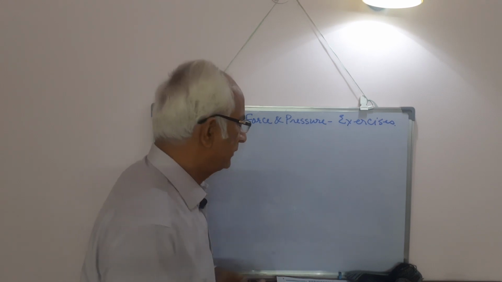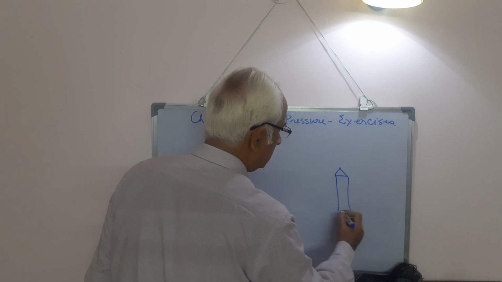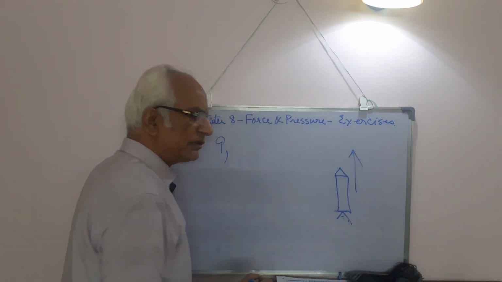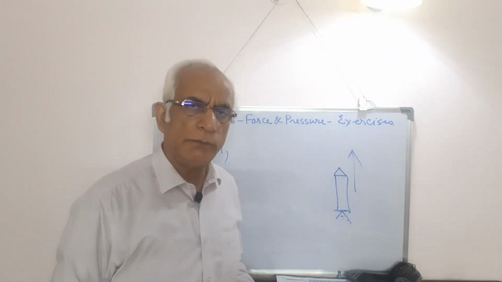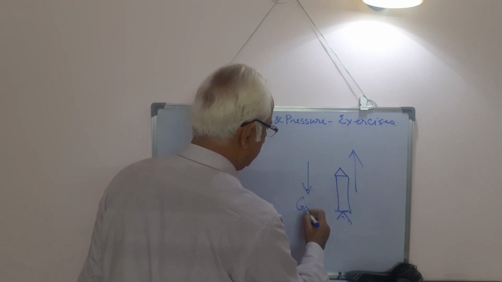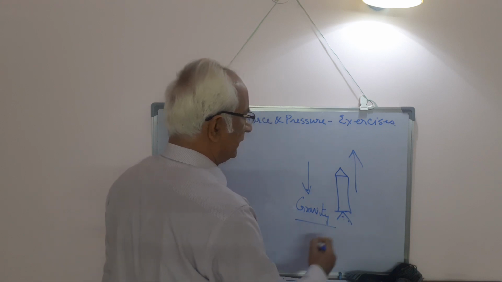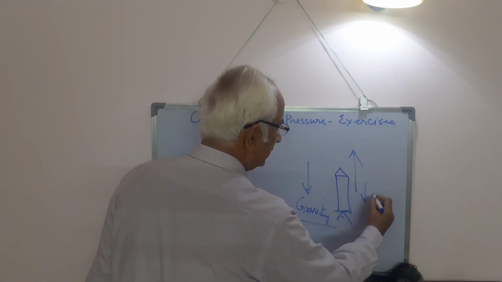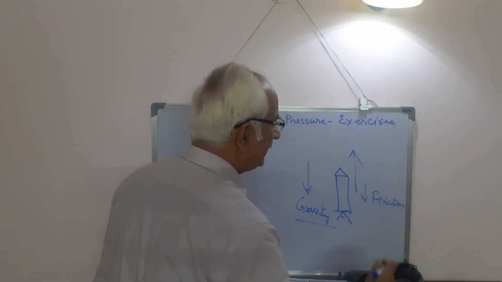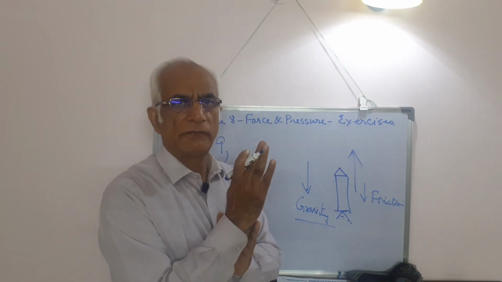Same thing with the rocket. When the rocket is launched, it will go up because the power of the engine will move it up. And there will be two forces acting on it. One is gravity, the force applied by Earth, and the other is friction, because there is air in the atmosphere and the rocket will be in contact with the air.